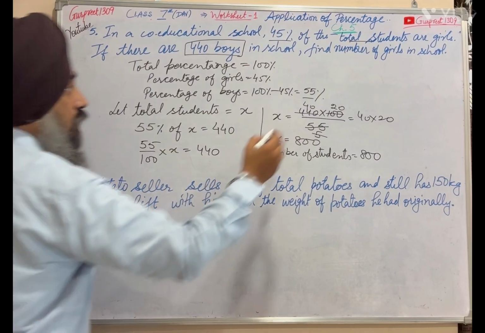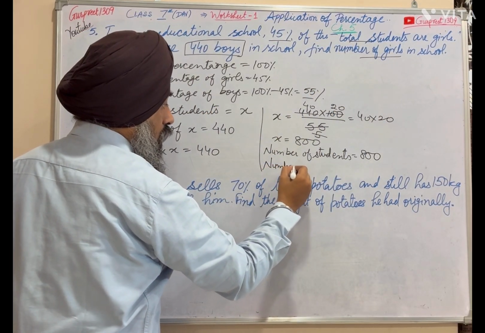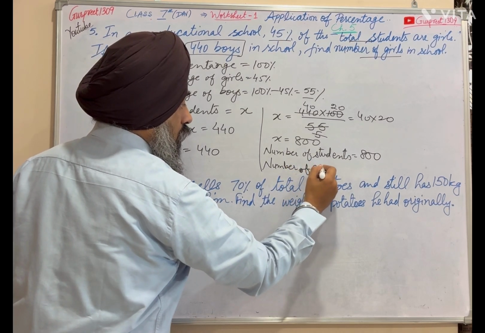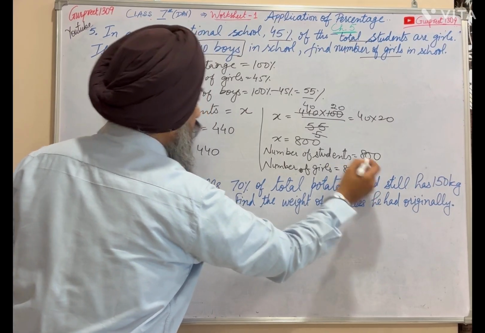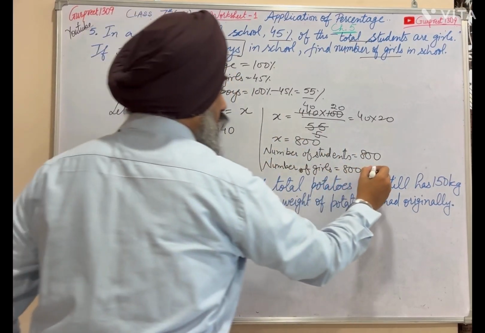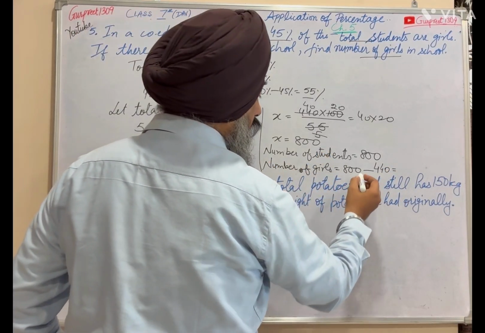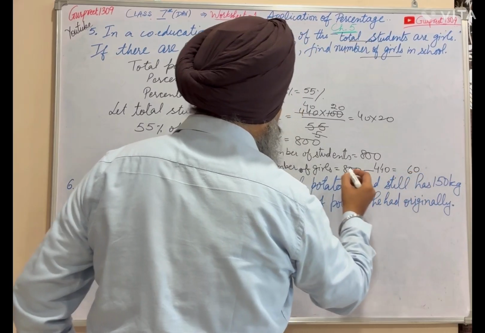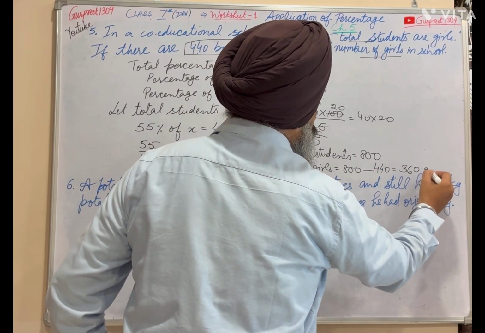Now we have to find the number of girls. So the number of girls is equal to 800 minus the number of boys, 440. 0, 10 minus 4 is 6, and 7 minus 4 is 3, so 360 girls.